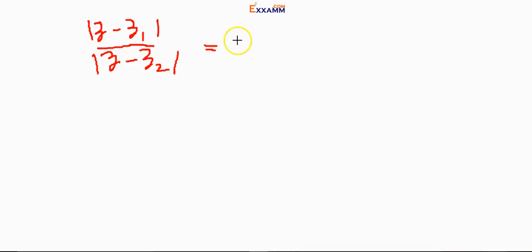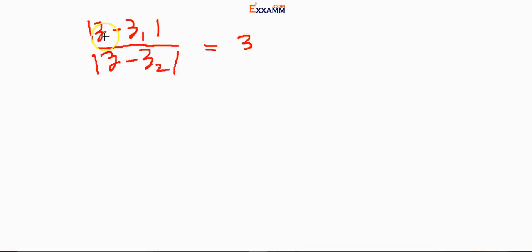Modulus of z minus z1 divided by z minus z2, if this is equal to say 3, then this would always be representing a circle.